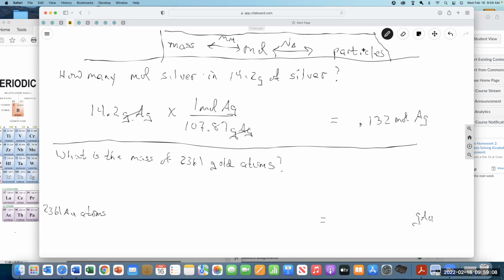You can use this as a map. I'm in particles, atoms. I want to go to mass, grams. So I have to go through moles. The first thing I want to do is get myself to moles. So there's 1 mole of gold for 6.022 times 10 to the 23rd gold atoms.